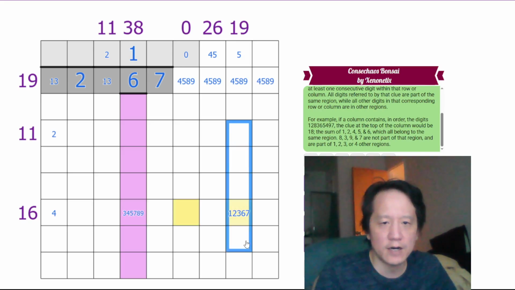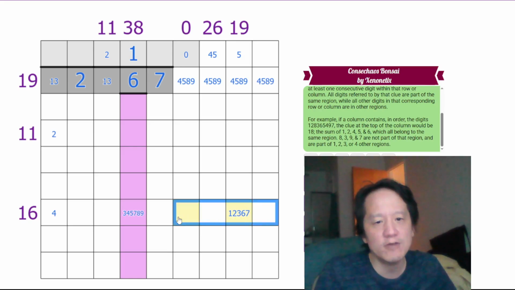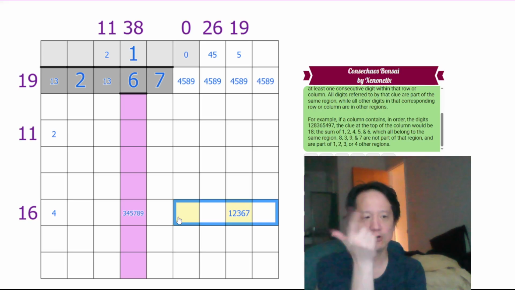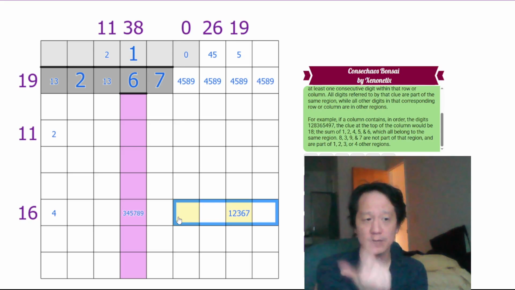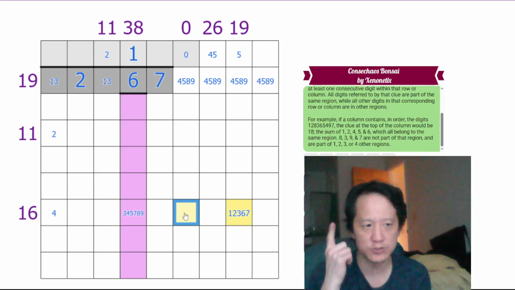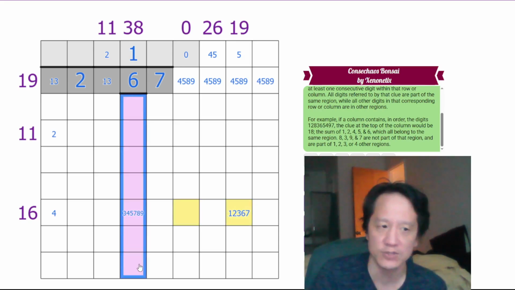Again, on this column, we have in the region 1, 2, 3, 6, 7. In this region, we have 2, 3, 2 and 6 guaranteed. It's either 1, 2, 6, 7 or 2, 3, 5, 6, adding up to 16. So 2 and 6, one of these digits would have to be here and have to be here, which is a contradiction. So that's proving this cannot be the solution.